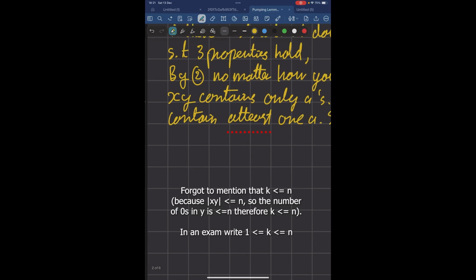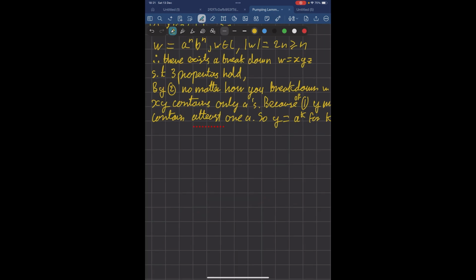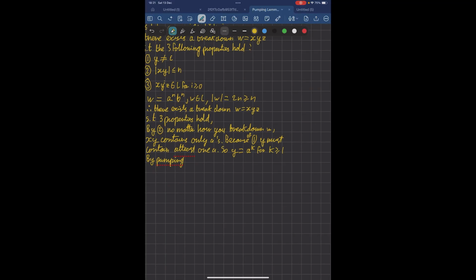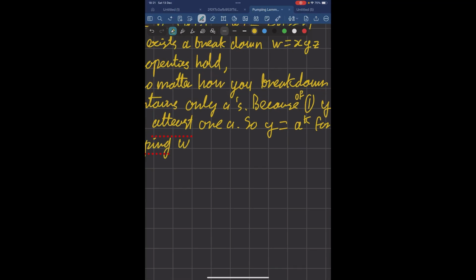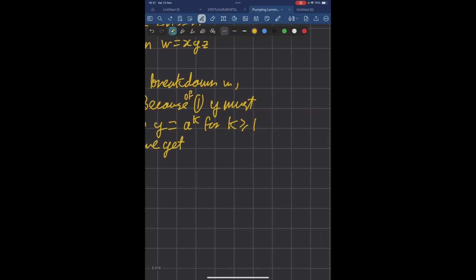Okay, now we can either pump down or up and we'll still reach a contradiction. So let's just try pumping up. We can pump up any number of times for this one. Let's just do it twice. By pumping up 2 times, we get the string x y cubed z.